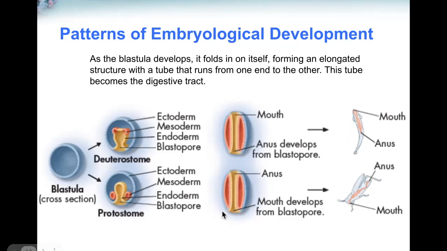For the protostome, the mouth develops from the blastopore, so the mouth develops here and the anus over here. So it is reversed. Deuterostome and the protostome have opposite ends as they develop. Their digestive tracts flow in opposite directions. The deuterostome develops one direction, and the protostome develops the other direction.